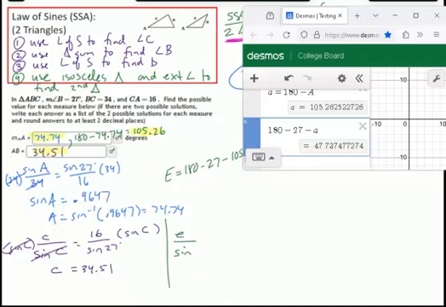So when I set up my ratios, E over the sine of the angle opposite it, 47.74, is equal to my known ratio, which is still going to be the same, 16 over the sine of 27. And so if I do the same set of calculations, multiply both sides by the sine of 47.74, that's going to give me my new answer.